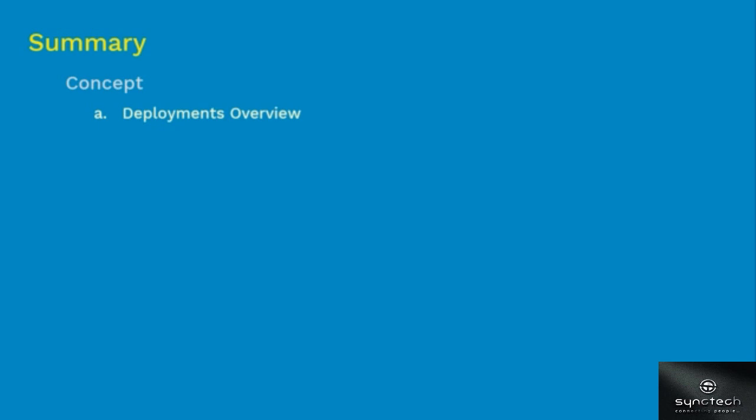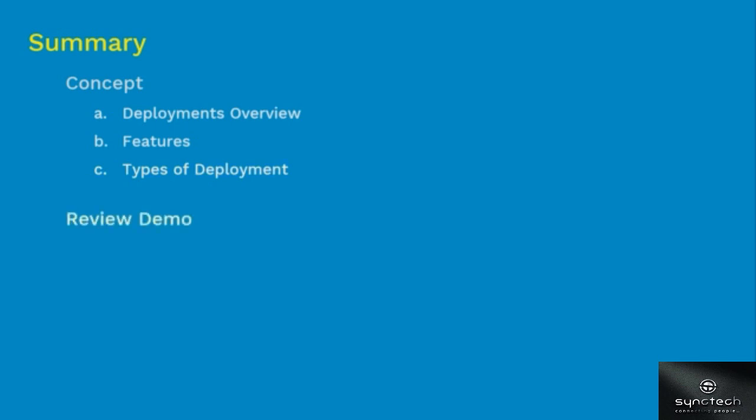It contains a definition for the pod template, and you can also set the replica count. Next, we discussed the features of deployment such as update, rollbacks, pause and resume, scale up and scale down. After that, we discussed different types of deployments such as recreate, rolling update, canary and blue-green deployments.